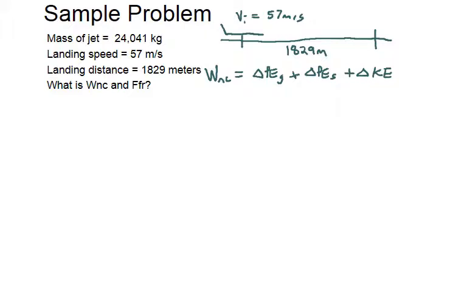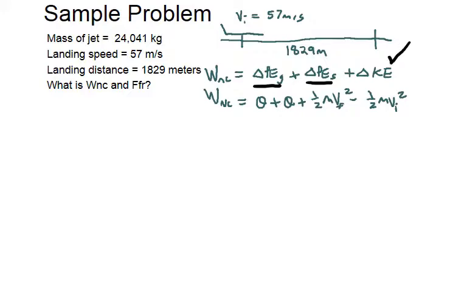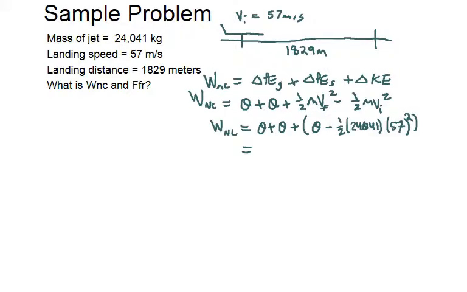This is very similar to the last problem with the acorn. It's just a different orientation here with the setup. So pause the clip, and when you're ready, you can continue. Okay, so there's nothing going on with gravitational potential energy. There's nothing going on with springs here. It's pure change in kinetic energy due to non-conservative work.